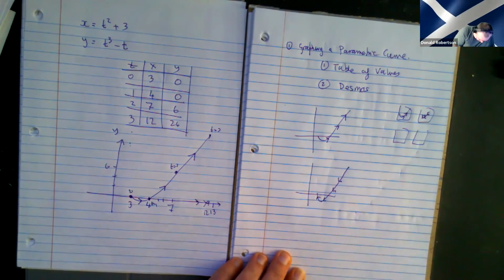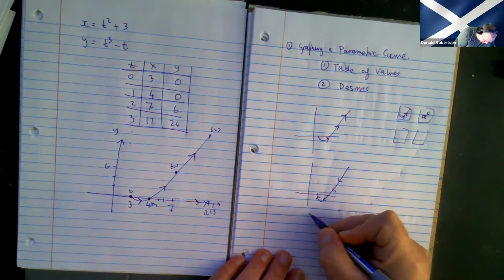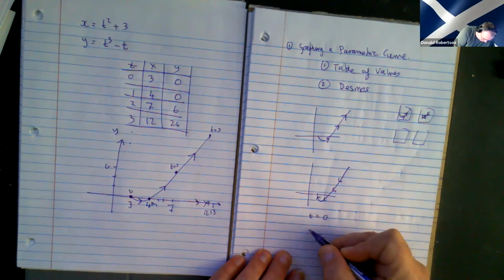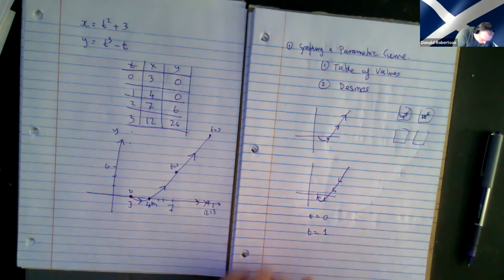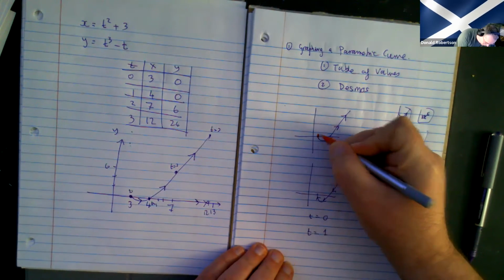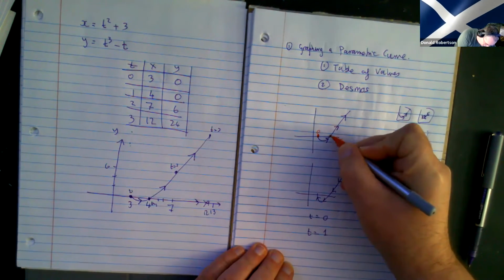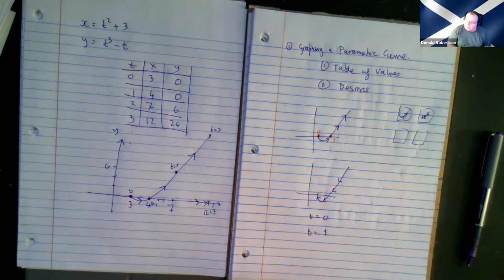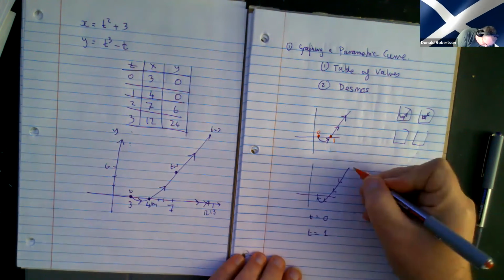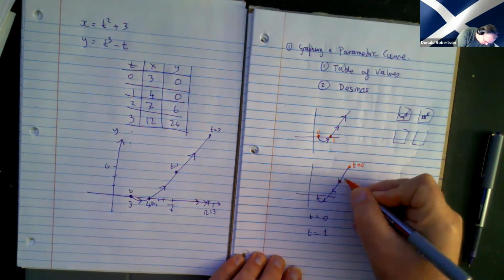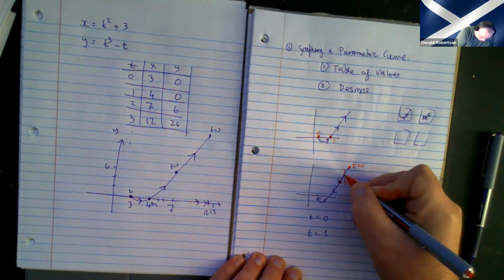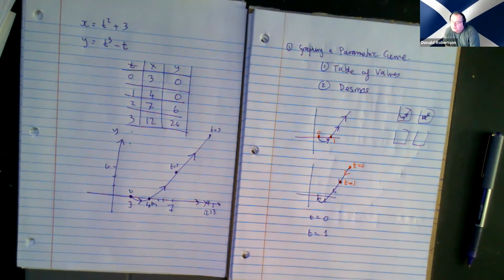Then a simple way would be just to find out where it is at t equals 0 and find out where it is, say, at t equals 1. So let's just say, for argument's sake, it was here at t equals 0 and it was here at t equals 1. Do you see it's that arrow? Whereas if it was here at t equals 0 and then it was here at t equals 1, do you see how you can orientate it that way? You might just be able to do it in your head.